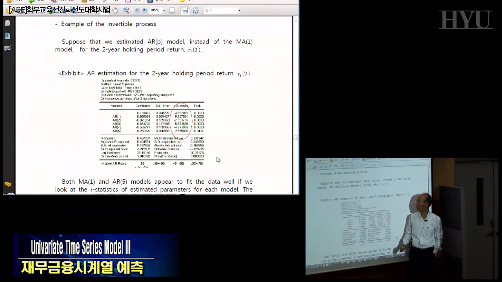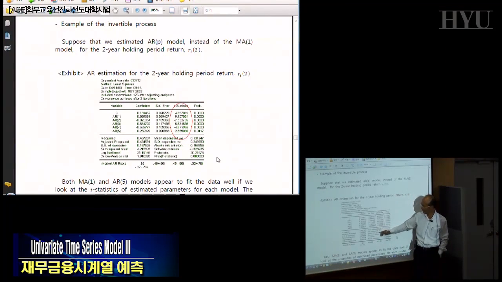So we know that if the MA1 process is invertible, we can rewrite it as an infinite order autoregressive process. So theoretically, if you keep adding those, it will all be significant. But at some lag, the significance will be very trivial.